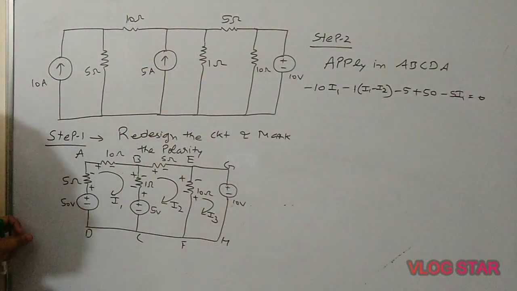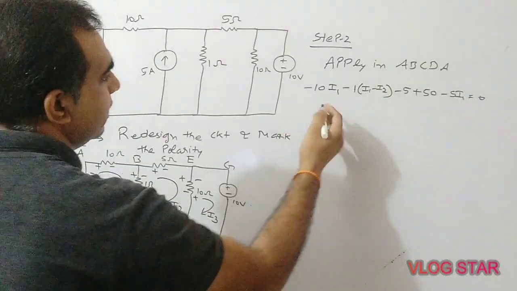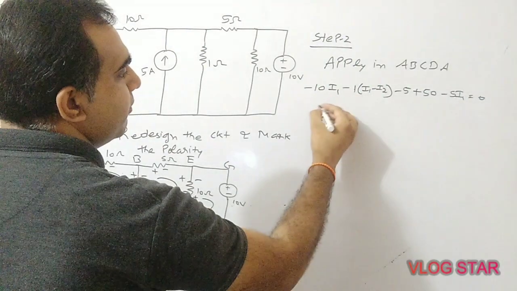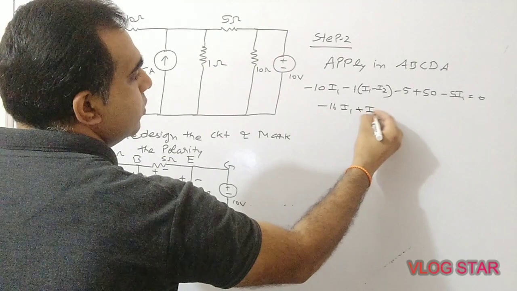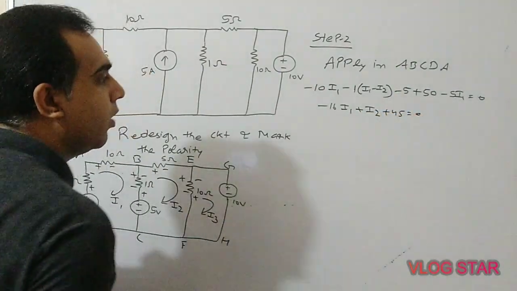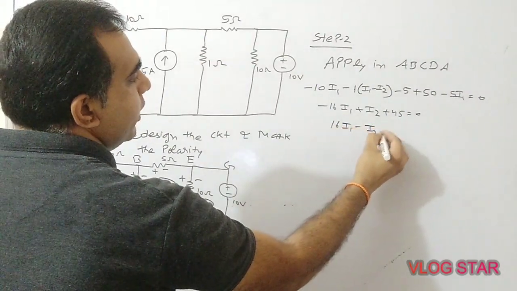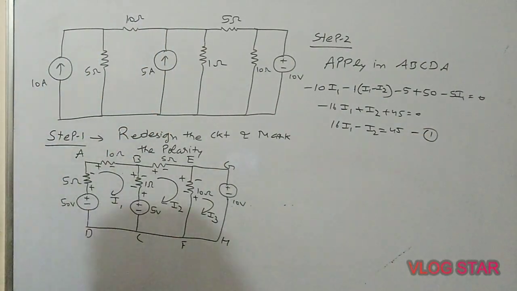This shows that the sum of EMF plus the sum of voltage drops equals 0. So add it: minus 10 minus 1 minus 5 is minus 16 I1, plus I2, then plus 45 equal to 0, or we can write it like 16 I1 minus I2 equal to 45.